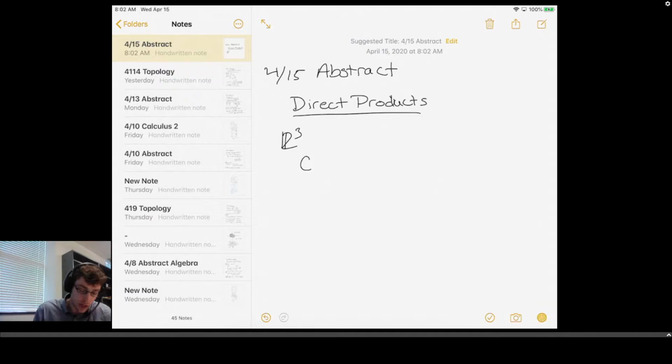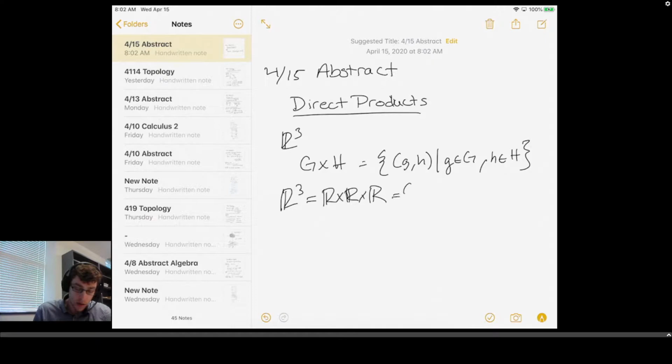If you see G cross H, you're just viewing this as all pairs where your first coordinate has an element from G and your second coordinate has an element from H. And so R3 you can think of as R cross R cross R. This would just be an ordered triple, like A, B, C or X, Y, Z, pick your end of the alphabet that you like the most, where all of these are real numbers.